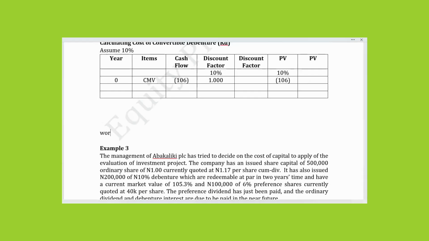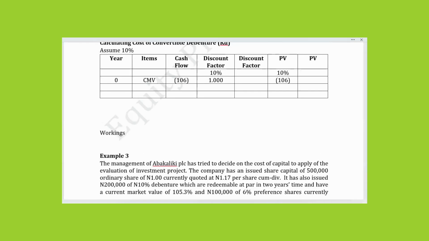When you are writing an exam, you don't mix working with your main solution. Your working should come on the last page of the question you are solving. That's the right thing to do.